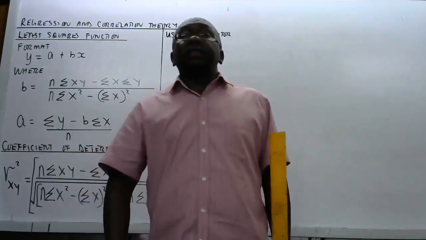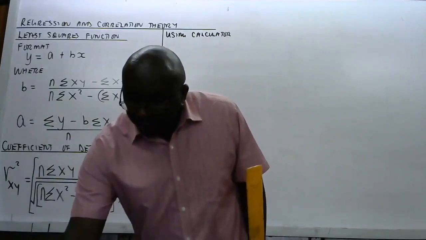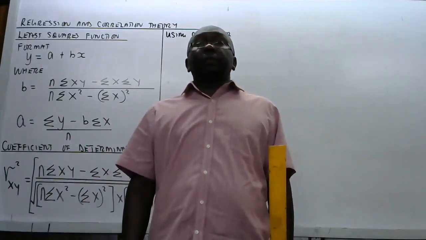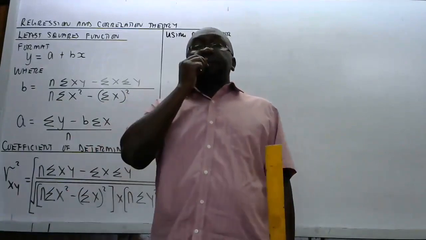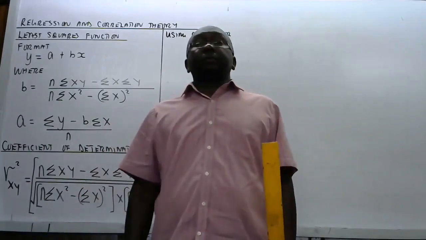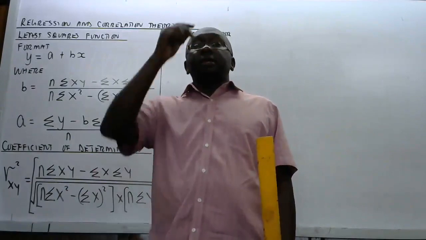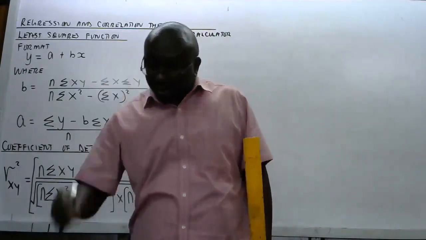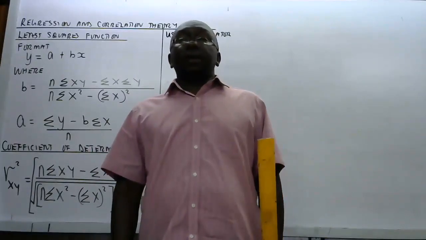The next one, put 736, comma, 15,000, M plus. The next one, put 840, comma, 15,000, M plus. The next one, 800, comma, 14,500, M plus.